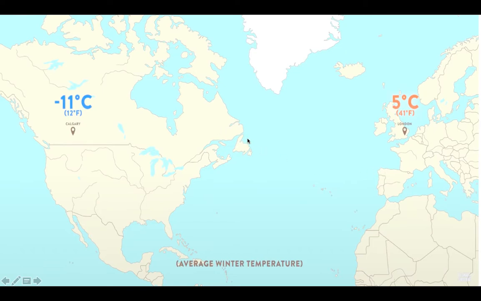Okay, now because of all this warm water here, the temperature is mild. Now you can see that at the same latitude in the Canadian region, the temperature is minus 11 degrees Celsius, while over here it's 5 degrees Celsius. It's all because of the Gulf Stream.